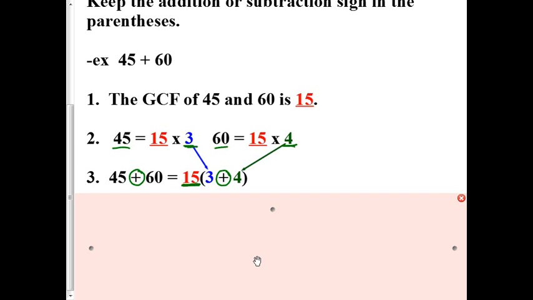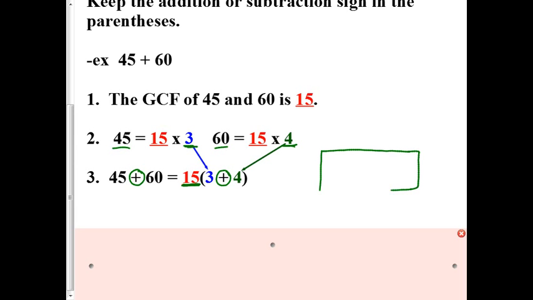Now, if you've done any area model work at all, what that also means is I could think of this as an area model. In my area model, I have 45 and 60, and I want to fill out the other numbers. The number that's here needs to be as big as it possibly can be. The biggest number it possibly can be is 15, because that's the biggest number that goes into both 45 and 60.